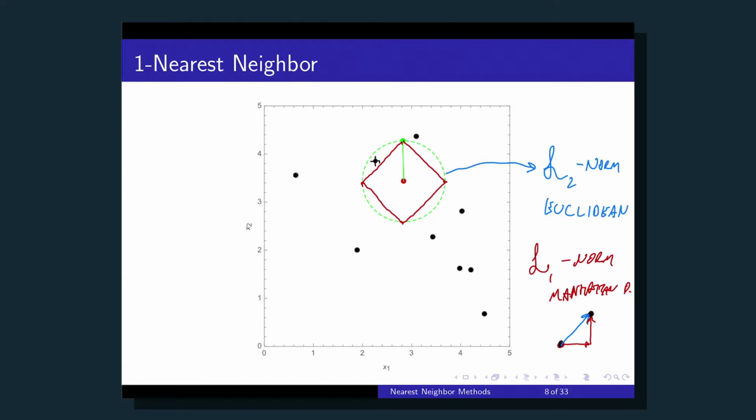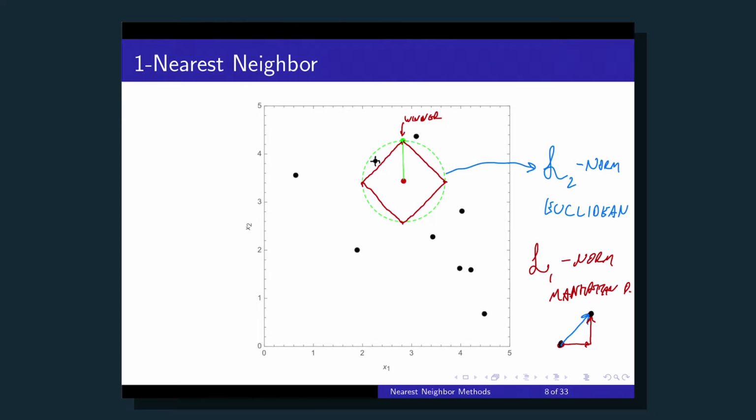So when you think about it from the point of view of Manhattan distance, this one is still the winner, because it's within a Manhattan distance of 1 of the center point.